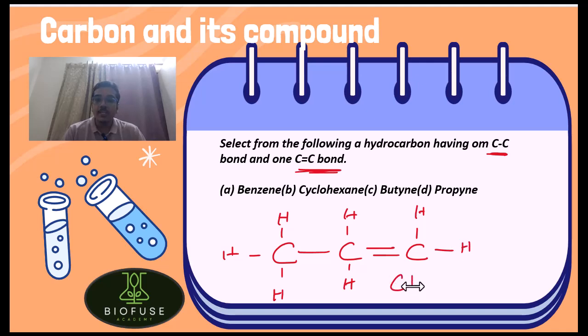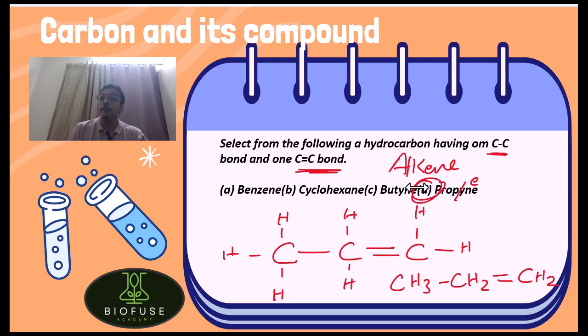So what is the formula, guys? CH3 CH=CH2. So what is this? This is an alkene, right? So it is propene. So option D is the right choice.